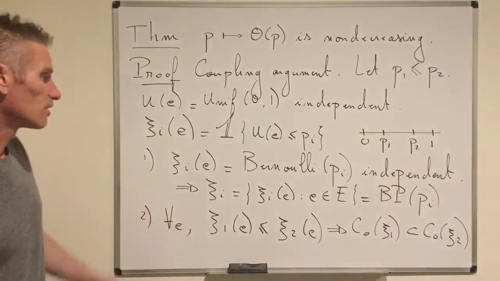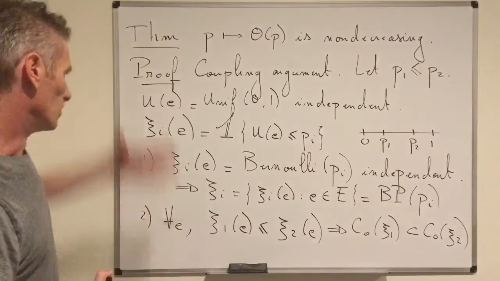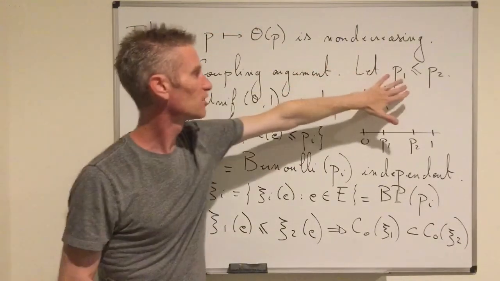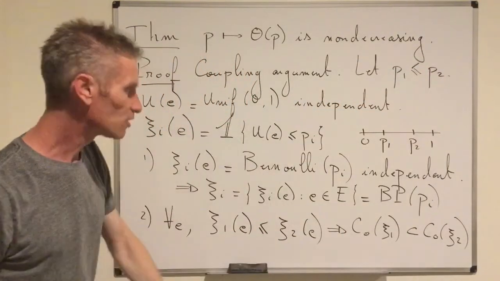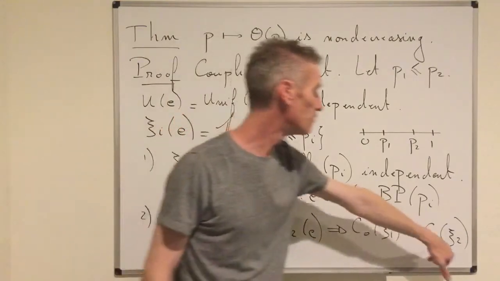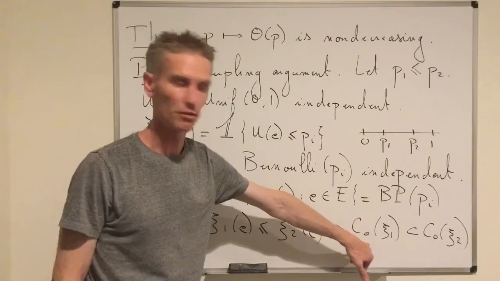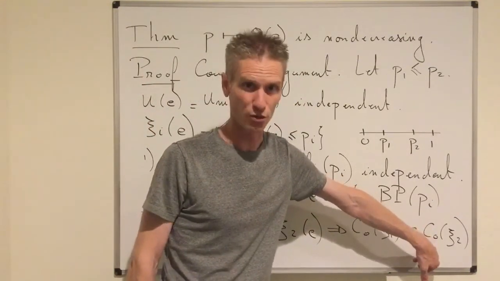So now we are done with our construction. We were able to define a coupling of bond percolation with parameter P1 and bond percolation with parameter P2 in such a way that if this cluster is infinite, then this cluster must be infinite, meaning that if there is percolation for the first process, then there is with probability 1 percolation for the second process.